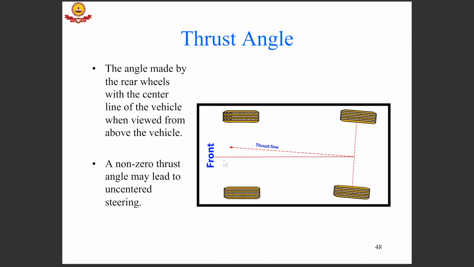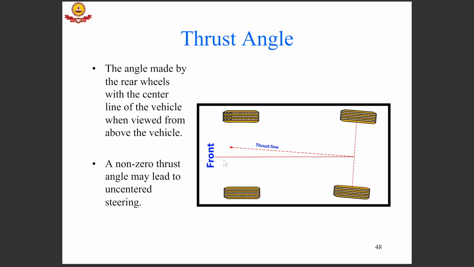Then there is something called thrust angle. It is the angle this thrust line makes, which is normal or perpendicular to the rear axis. If your rear axis is misaligned with respect to the vehicle, this results in a thrust angle.